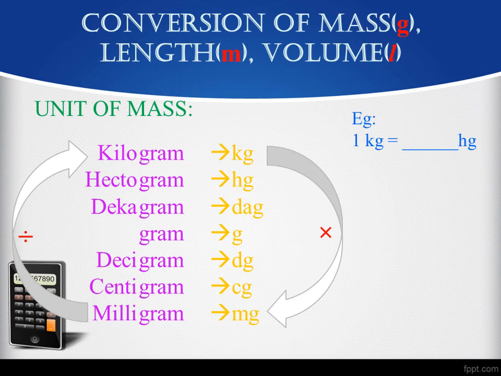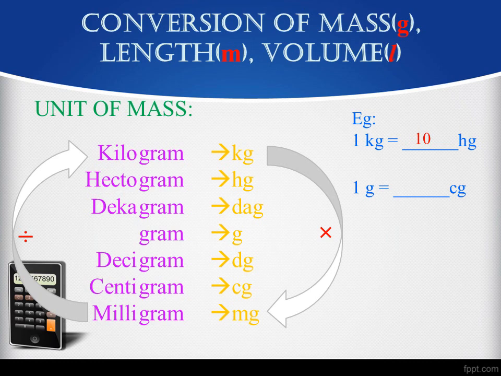For example, 1 kg equals dash hg, that is 1 kilogram equals dash hectogram. Kilogram is the bigger unit and hectogram is the smaller unit. So biggest to small means we multiply by 10. How many intervals are there? Only one interval. So we multiply by 10, and we get 10 hectogram.